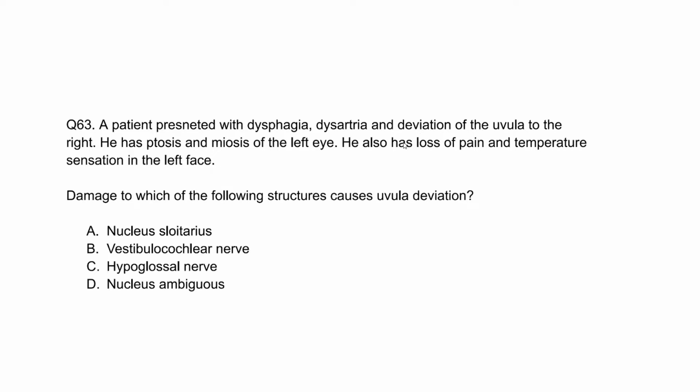Patient presents with dysphagia, dysarthria, and deviation of the uvula to the right. He has ptosis and miosis, and he has loss of pain and temperature sensation. Damage to which of the following structures causes uvular deviation? Okay, so yeah, the answer is D, the nucleus ambiguus.